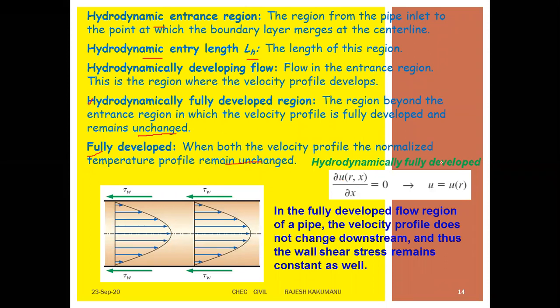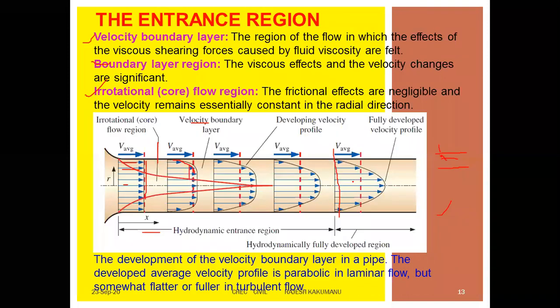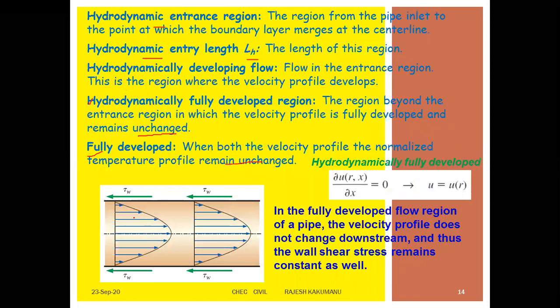Next, hydrodynamically fully developed flow: ∂u/∂x = 0, where u = u(r). Here this one is r, and this one is x.